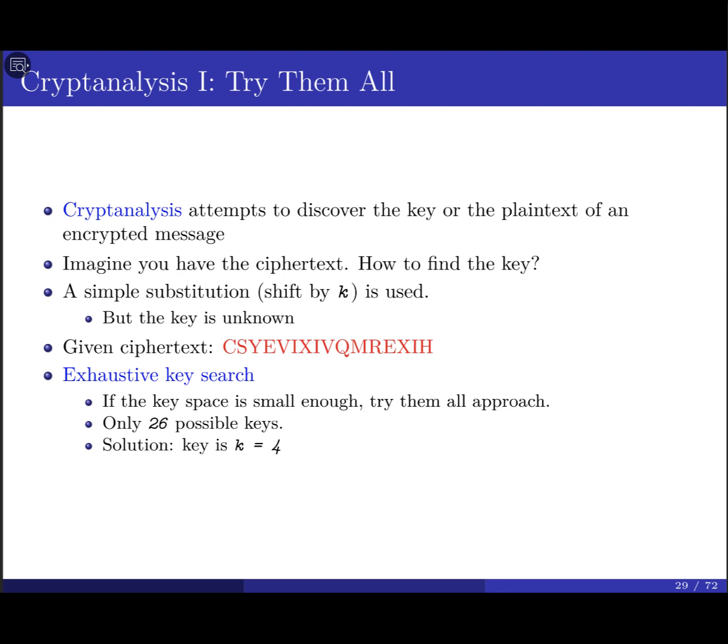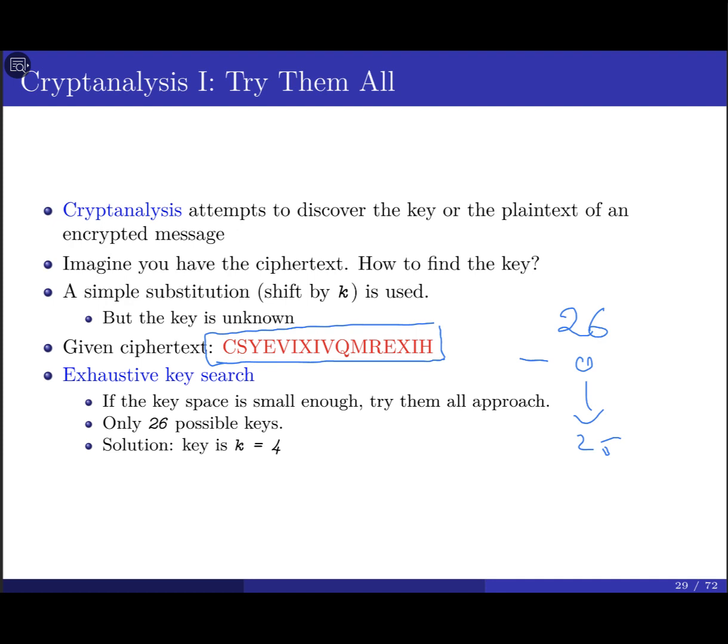So if I give you this ciphertext, then you need to find out how we can decrypt the message. Just by checking, I think you are terminated in this case. Yeah, so this is the plain text. So the key is going to be what? You have 26 keys from 0 up to 25.